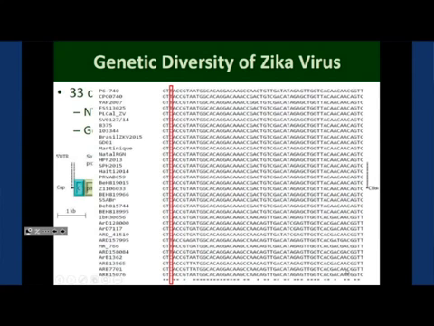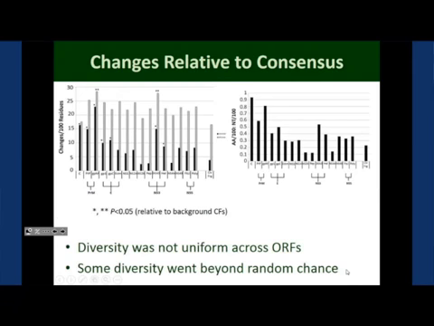And what you can see when you look at this spot in particular is that some of these strains have a C, a cytosine. Some of them have a T, or thymine. So by generating this consensus sequence, we found what is the most common residue at this spot, and then how many of these strains have a difference from the consensus. So we calculated some numbers.